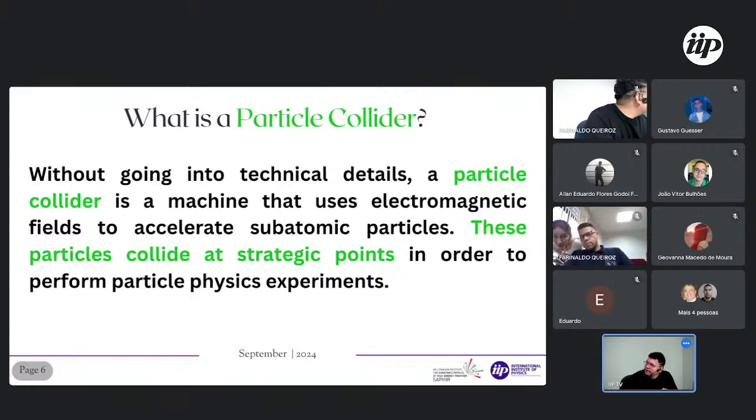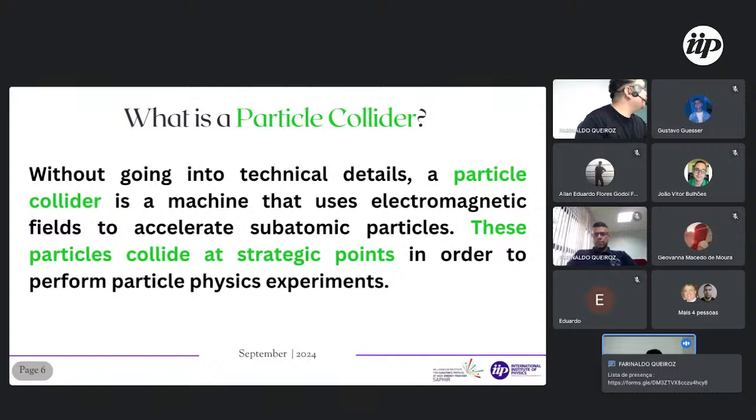We start with the first question. What is a particle collider? Here we put this definition. We know that a particle collider is a machine that uses strong electromagnetic fields to accelerate subatomic particles. But that part is the definition of a particle accelerator. So we need to collide those particles, and the particle accelerator becomes a particle collider, with the collisions occurring at strategic points.